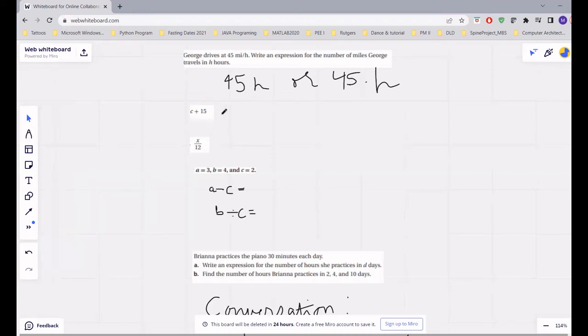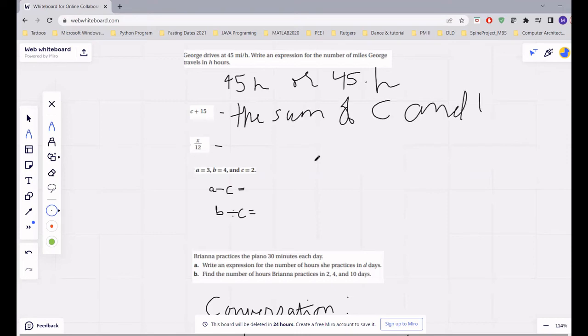Next is convert the expressions to words. C plus 15 is one way of writing it. Another way you could say, C increased by 15 works. Or we could say the sum of C and 15. Okay, next, x over 12.